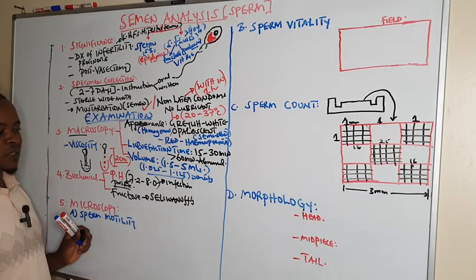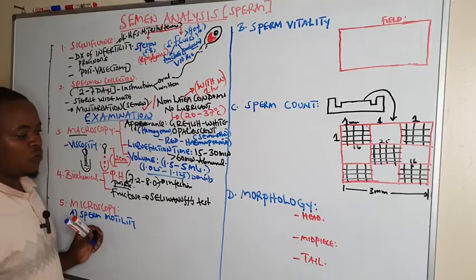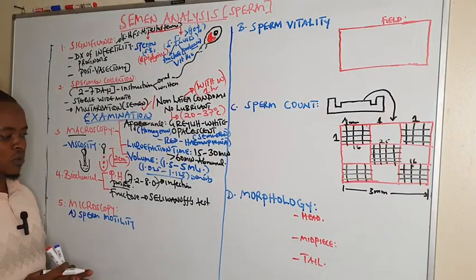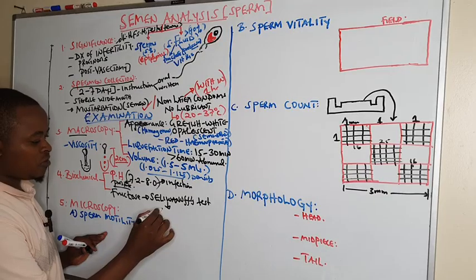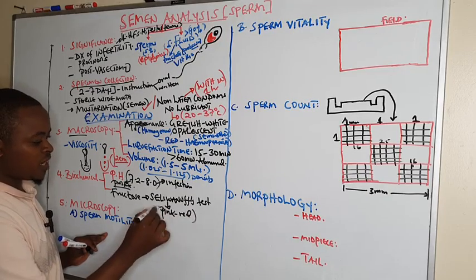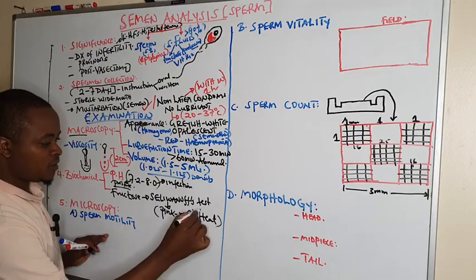We use Seliwanoff's reagent, which contains concentrated hydrochloric acid and resorcinol. And if we add it to semen, we look for a pink red color, after heating, we apply heat.